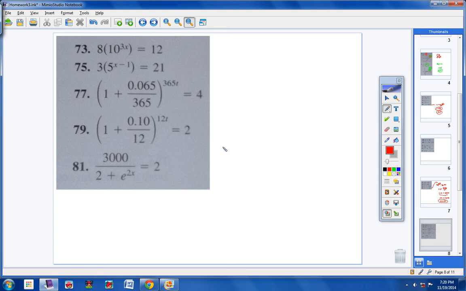Okay, now students, on this one, my suggestion is to get this entire base here into a decimal. Okay, so I'm going to take with my calculator 0.065 divided by 365, enter, and then plus 1.